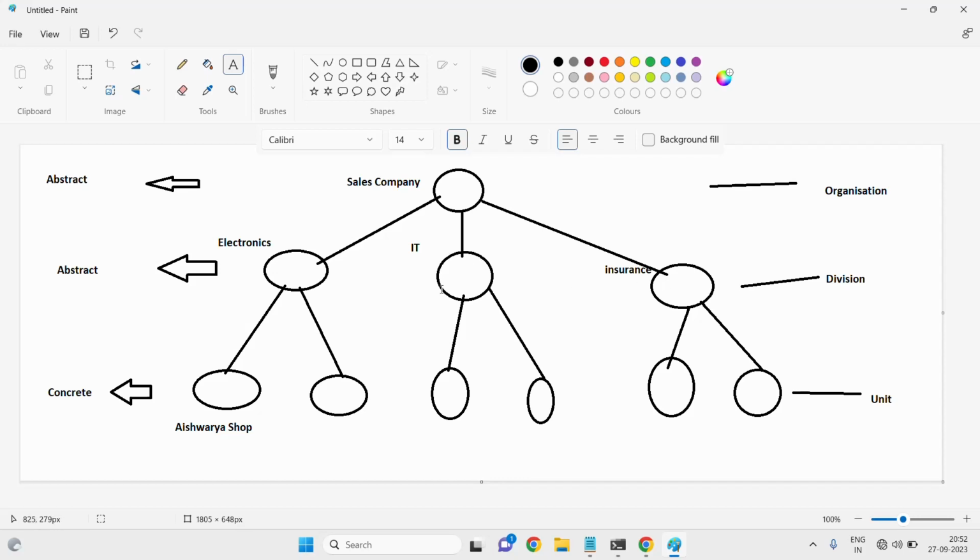In the electronics division you have Aishwarya shop and an XYZ shop. In the IT division you have two units, and in the insurance division we have two more units.